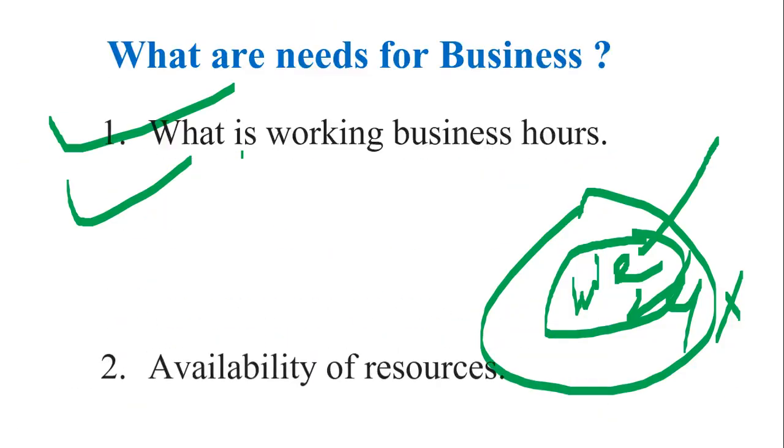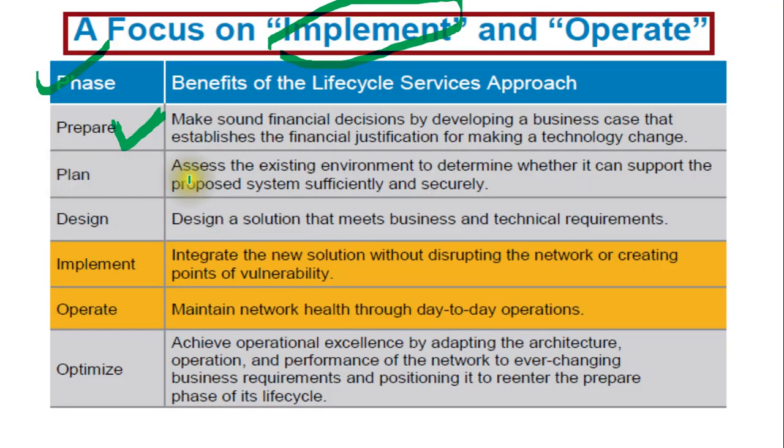Next, plan it. Assess the existing environment to determine whether it can support the proposed system sufficiently and securely. Yes, you need to plan, you need to think. If you are establishing any new infra, or trying to make changes on existing infra, consider whatever resources are available with you as of now.